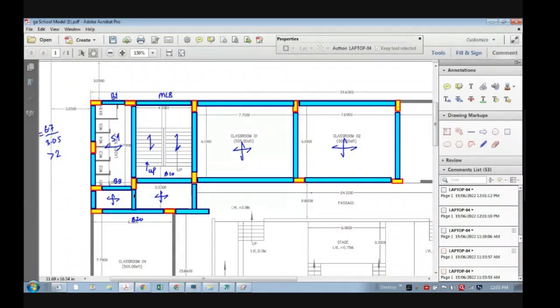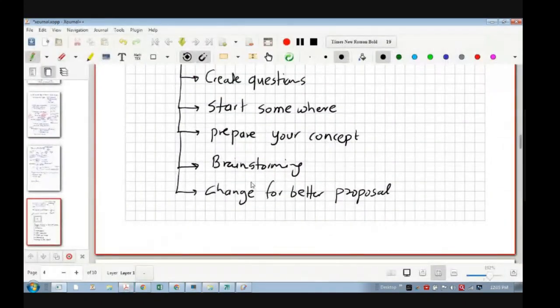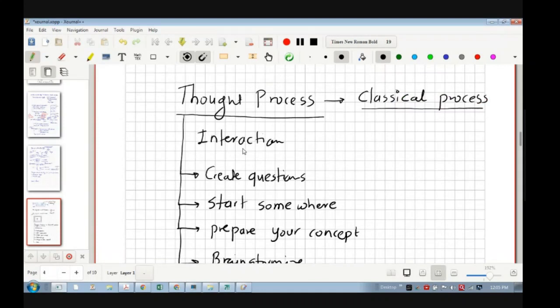Then I added this beam so that this two-way loading is a better choice. So I'm changing a lot of things after the brainstorming, and finally arrive at a better solution at the end. Better from your point of view. So this is the process, and that is my expectation through this session.